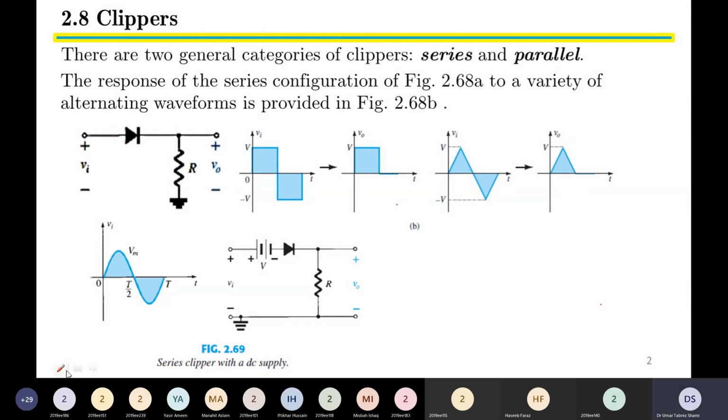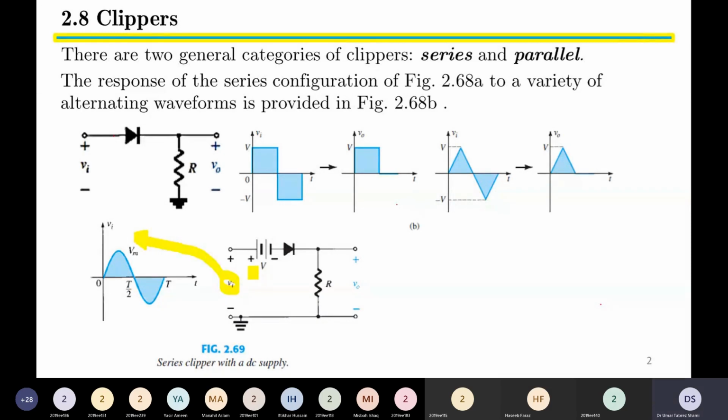So in the second diagram, we have a sine wave being applied as the input voltage. This V in is a sine wave.